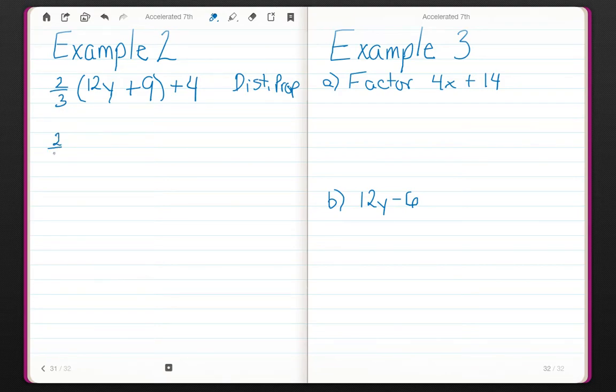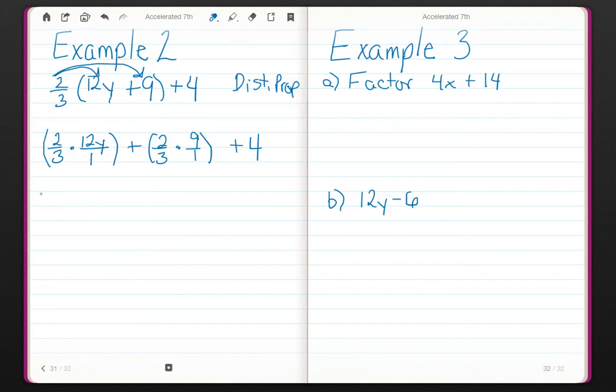So 2/3 times 12y, I'm going to put over 1 because I like to multiply fractions by fractions, plus 2/3 times 9 over 1, plus 4. So I've taken this 2/3 and distributed it to each of these terms.